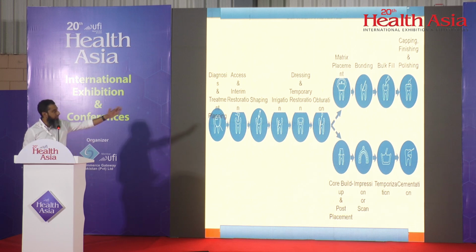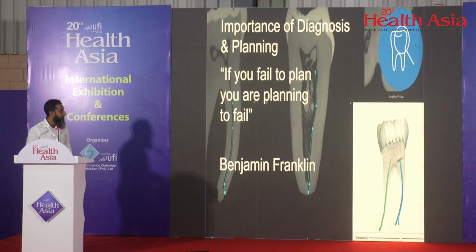In some cases you can just have a filling and a crown. So that is why this famous saying, if you fail to plan, you're planning to fail. So your plan has to be made right in the beginning, how you're going to preserve that tooth and see the importance of the tooth in the arch and decide how you're going to manage the case accordingly.